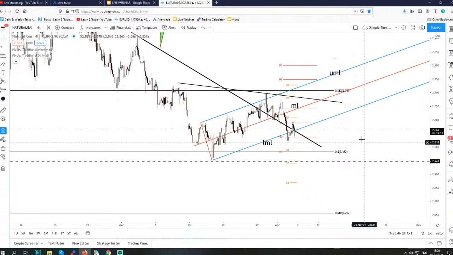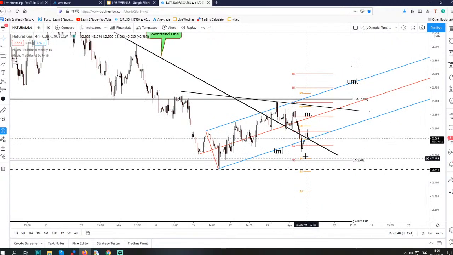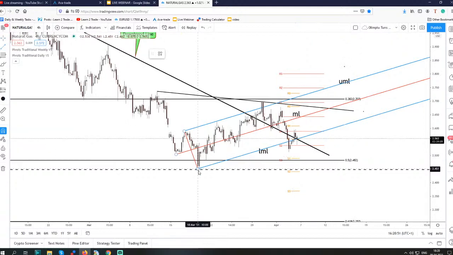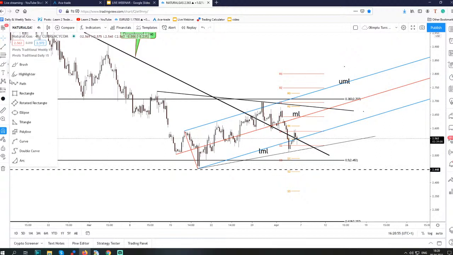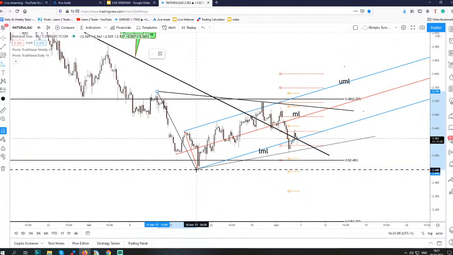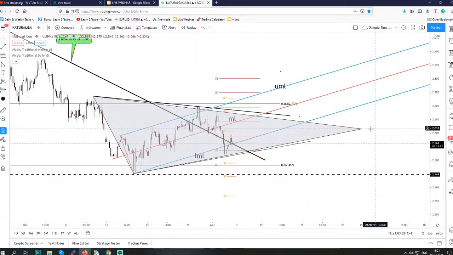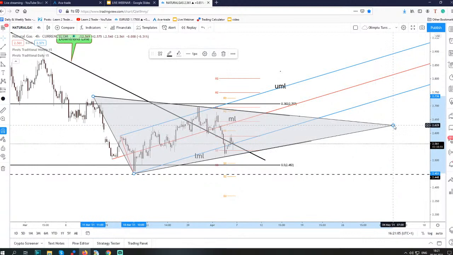Okay, but let's wait and see what will happen in the short term. Here we could draw a triangle and let's wait for the price to get out from this pattern.